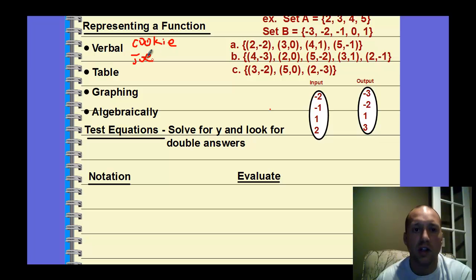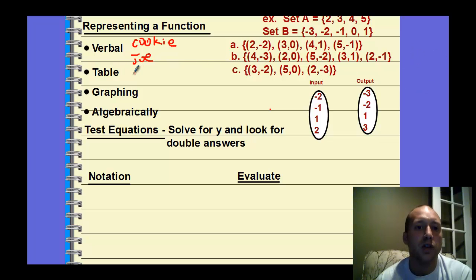Joe gets the cookie, that's a function because that one cookie goes to one person. But if Joe and John share the cookie, they split it in half, now it's no longer a function because that cookie goes to 2 people. So that's not a function. A description is one way to do it, so we'll keep it a function.